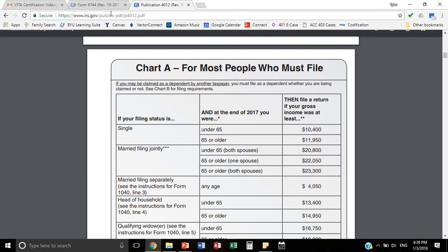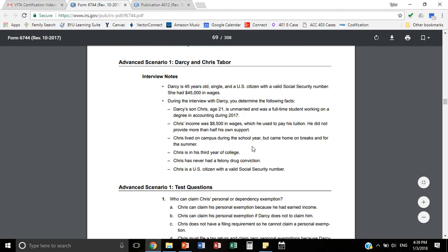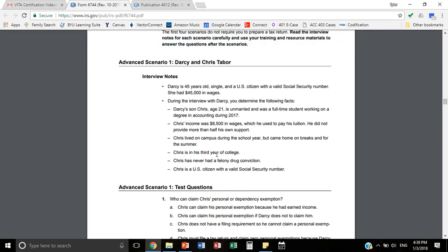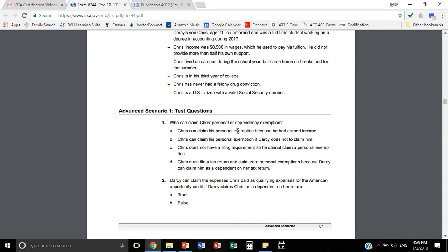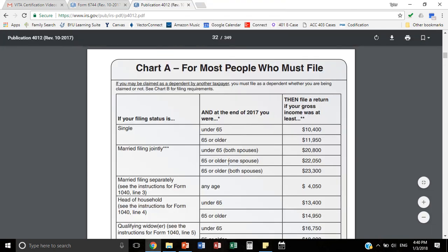So coming back to our case, Darcy is wondering if she can claim Chris as a dependent. If Darcy can claim Chris as a dependent, then Chris cannot qualify for the personal exemption. So now the question is, can Darcy claim Chris as a dependent?